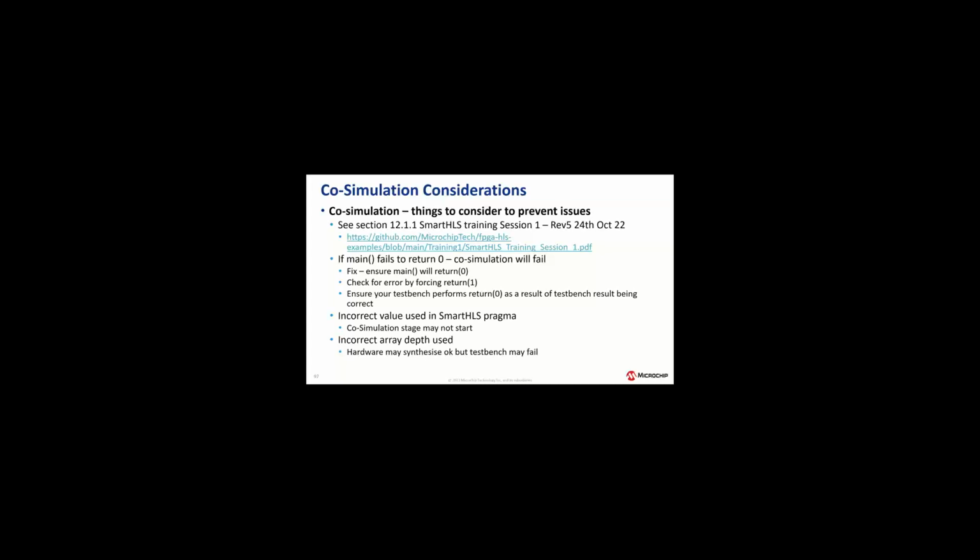If you incorrectly use pragmas, then effectively the code simulation won't start. So you have to be careful where the pragmas are. You have to look at what the boundaries of the pragmas are in the manual to make sure you're using them correctly in line with what you're trying to achieve. Otherwise, it'll fail. And again, if you use incorrect array sizes, it will actually synthesize, but it will fail the test bench.